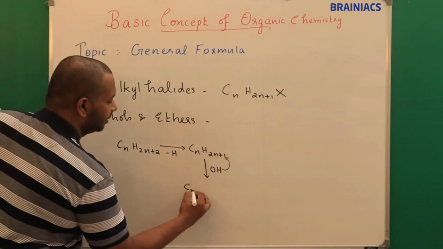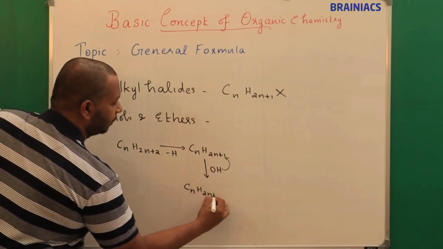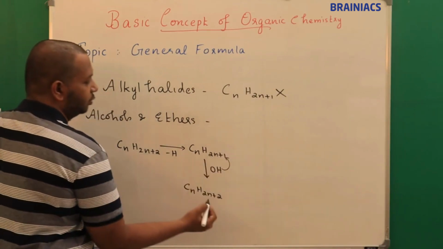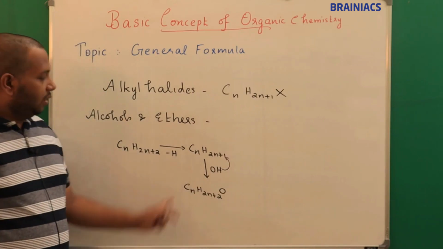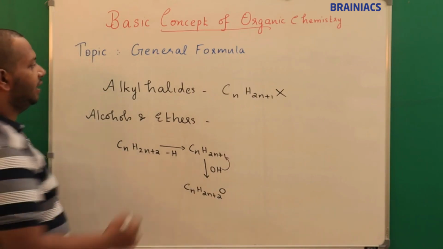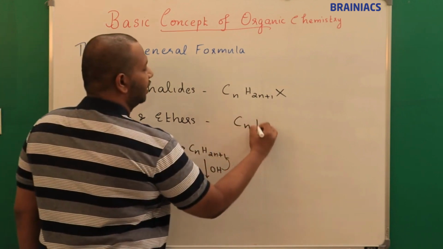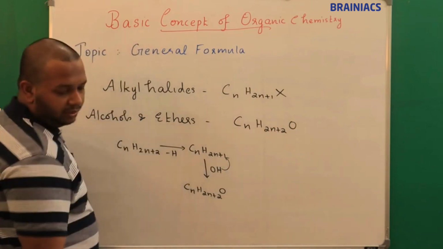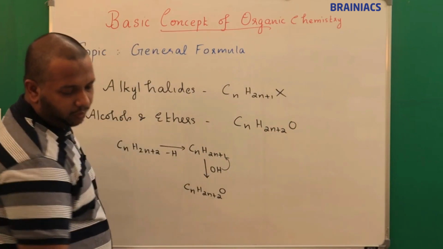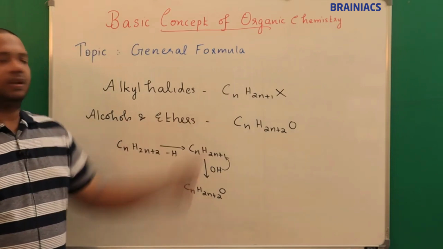So I can write CnH2n plus 2, correct? Plus 2 and O. Correct? So I got the formula as CnH2n plus 2O. This will be the general formula for alcohols as well as ethers.